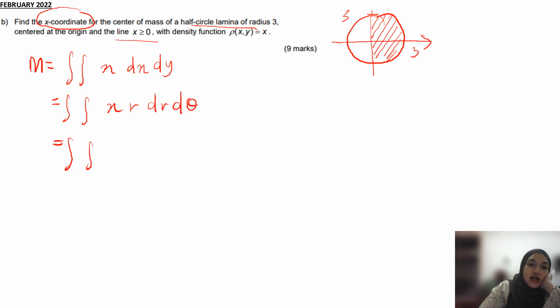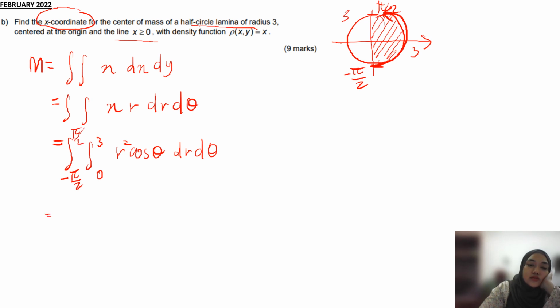And then x equals r cos theta, and this times r squared dr d theta, so r goes from 0 until 3. Since it's half, our theta is from negative pi over 2 until pi over 2.